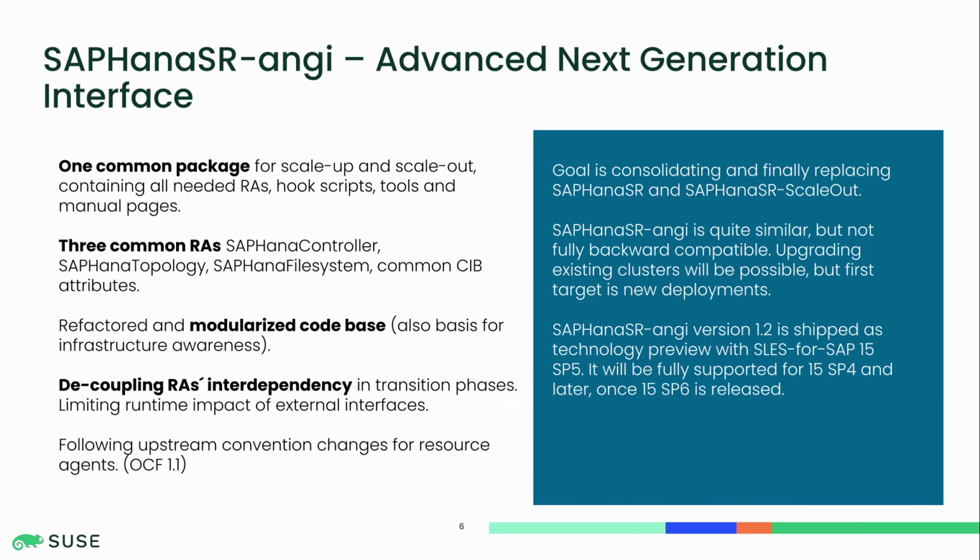So in the past, SAPHanaTopology wrote a lot of values into the cluster database, and SAPHanaController only consumed that. But this has some problems once customers do not follow our maintenance procedures. So we decided how we could improve that, and so we coded a bit differently to have a resource agent a bit more independent.